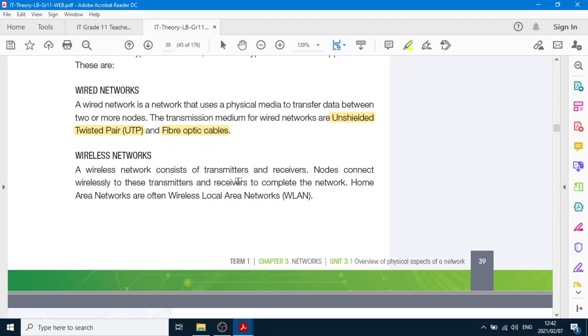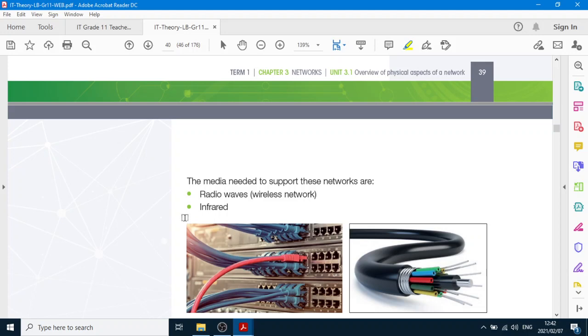Wireless networks consist of transmitters and receivers, and the nodes are connected wirelessly to those transmitters and receivers. Home area networks are often wireless local area networks, WLAN. And the media for these are two, radio waves and infrared.